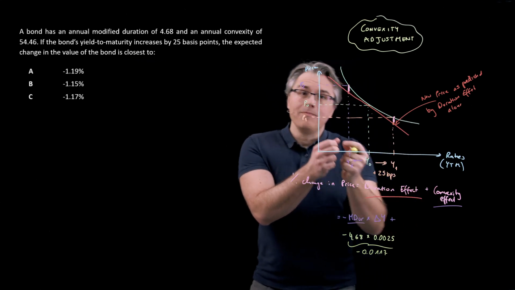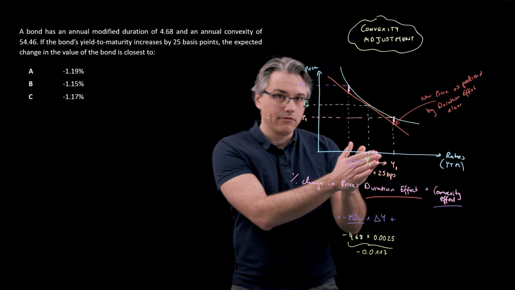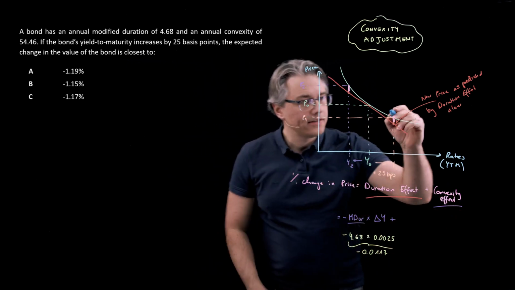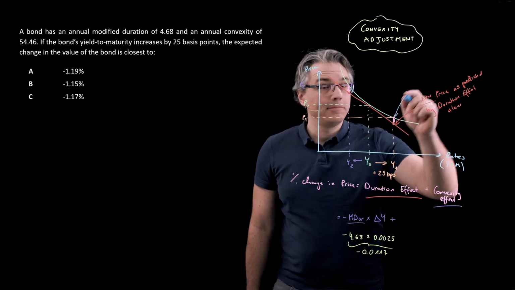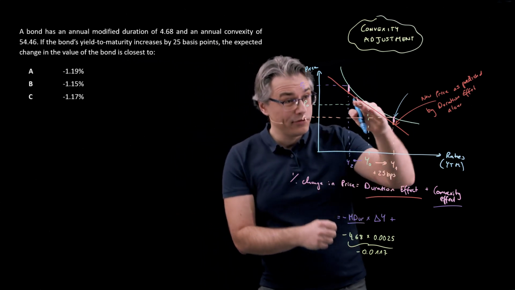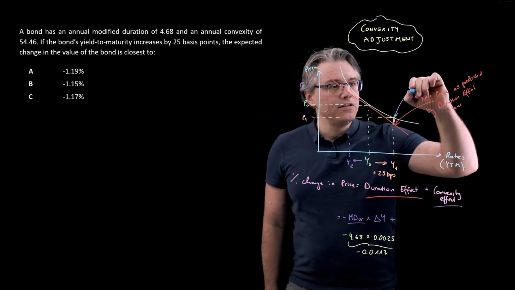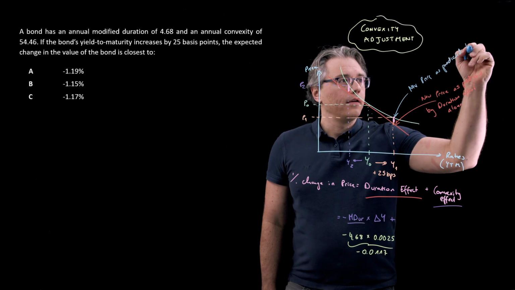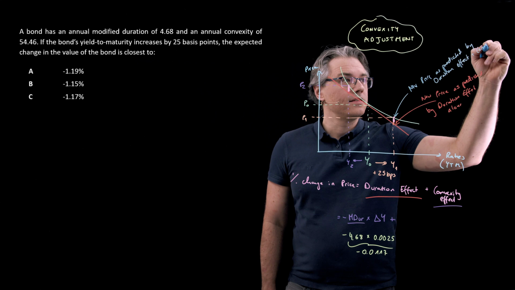In reality, if we take the convexity effect into account, whatever it is, things can only get higher, or the expected price will actually be higher. So the predicted drop will not be as severe as this. So this is the new price as predicted by both the duration effect and on top of it, the convexity effect as well.